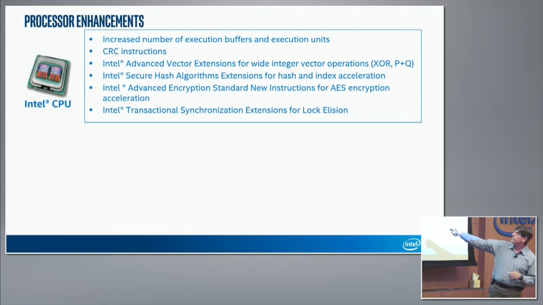Also, there are the Advanced Vector Extensions, AVX. Starting with our Ivy Bridge generation, it was 128-bit vector operations that you could do simultaneously. Haswell and Broadwell brought it to 256. Our new Skylake processor brings it to a full cache line, 512-bit vector operations.